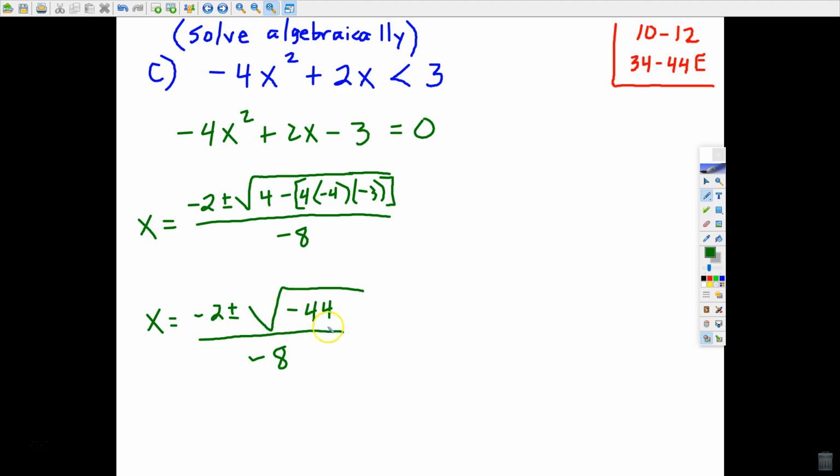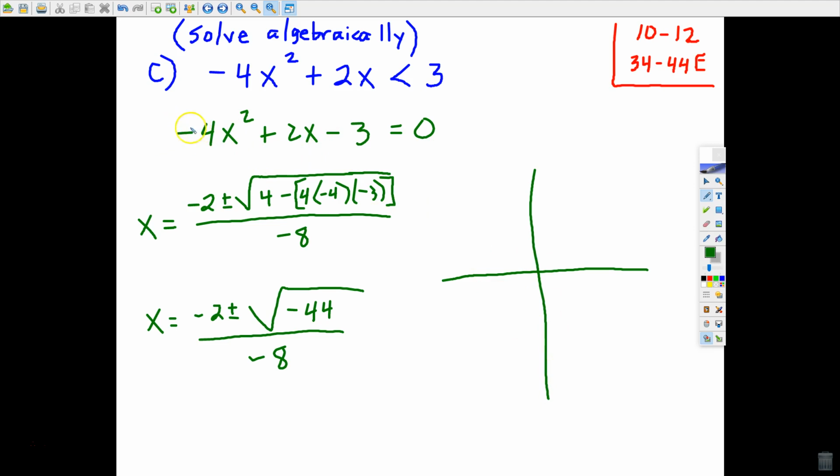Okay, well once again we've got this issue of having a negative discriminant, which means this particular graph, if we were graphing, is never going to cross the x-axis. So even though we don't have imaginary numbers that we can plot on a real number line, we're going to have to think about this one for just a minute, and even if you have to do a rough sketch, it's okay. What do we know about this parabola?